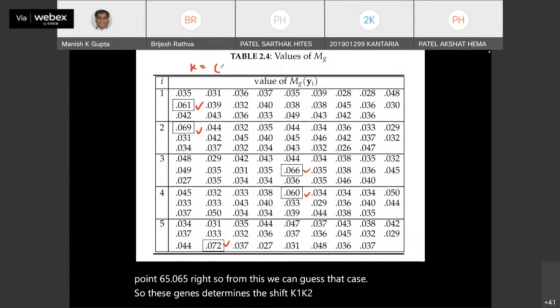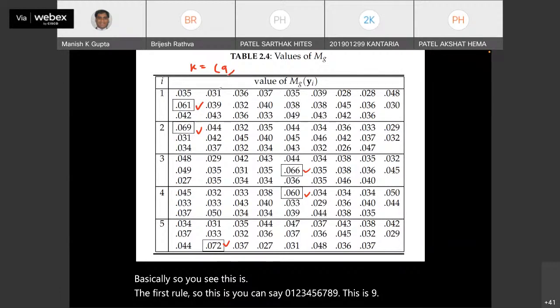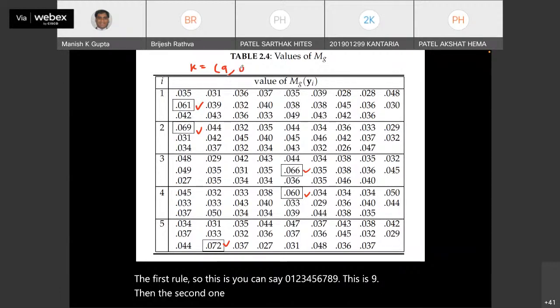So k is basically, you see this is the first row. So this is 0, 1, 2, 3, 4, 5, 6, 7, 8, 9. This is 9. Then the second one is 0. Third is 13, starting from 0.